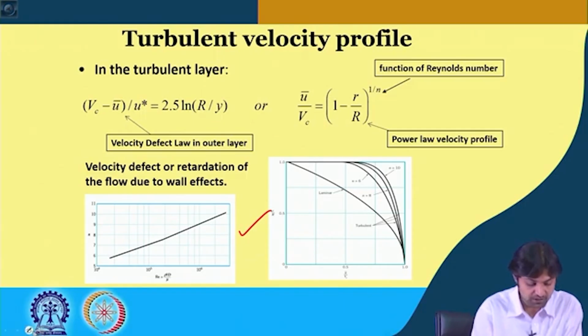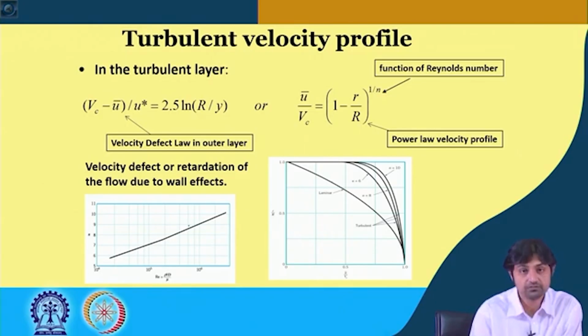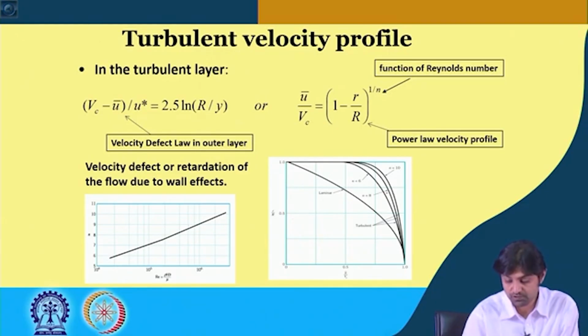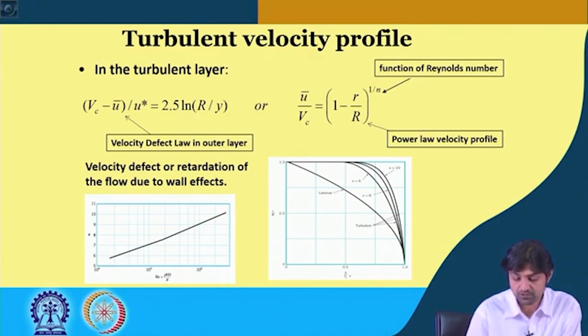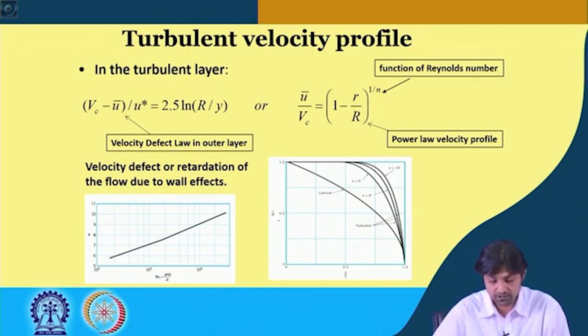And if you determine n from this graph, then for the corresponding n you can use this table for finding the relationship between u by Vc and y by r. In our question we will probably be using this particular concept.